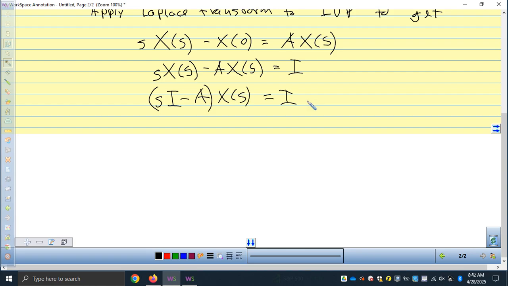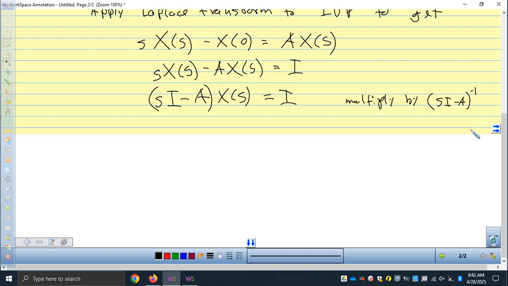Now to solve a matrix equation, what we do is we multiply both sides of the equation by the inverse of this thing. So we're going to multiply by (sI minus A) inverse. It's kind of like dividing by that quantity that's multiplying our X(s).